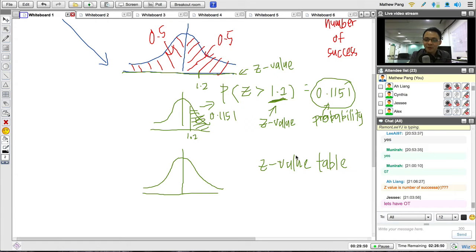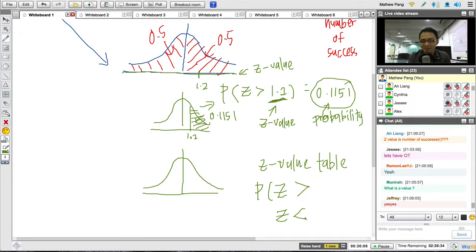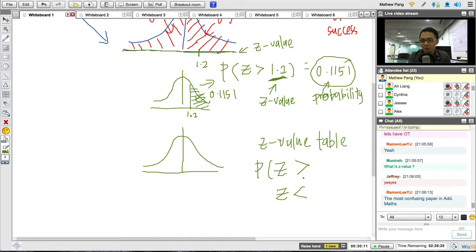Alright, when we want to use that table, something very important here is that the probability of Z must be bigger than something, then only we can use the table. If the probability tells you less than something, you cannot straight away find it in the table. You need to convert it to bigger. It must be bigger, and this value over here must be positive.